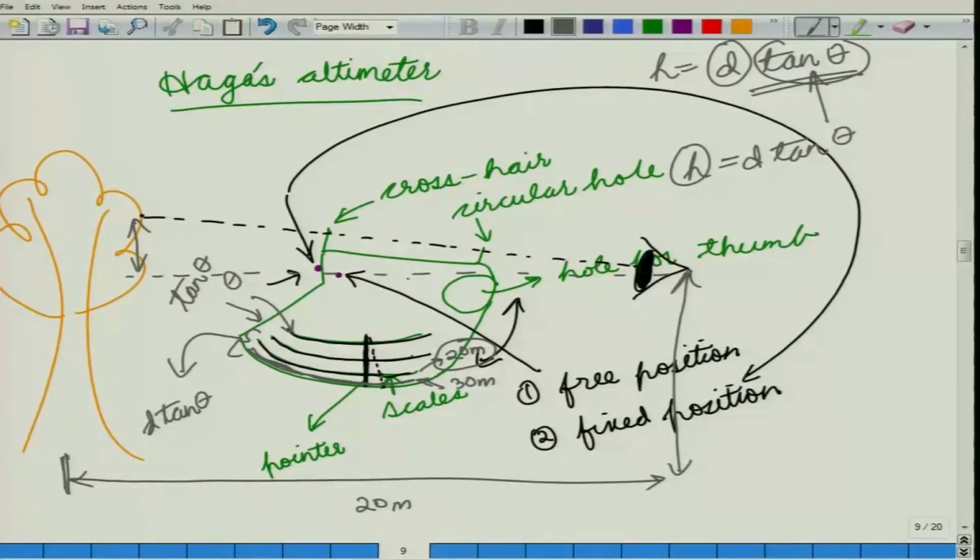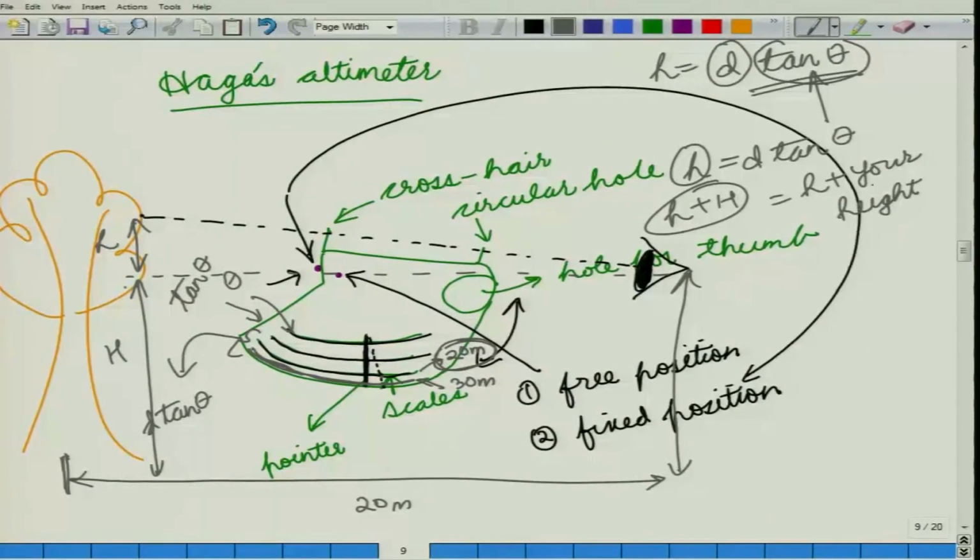You need to add your height to the figure to get h plus H. So, this was small h, this one is your capital H. The height of the tree is h plus H. So, you just need to take readings from your device for the same scale, 20 meters, and add your height up to eye level. In this way you would directly get the height of the tree.